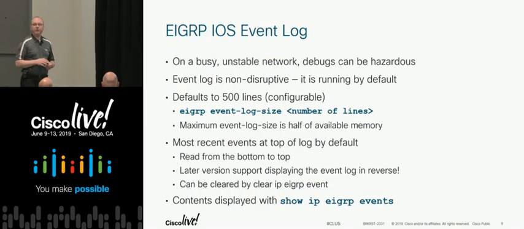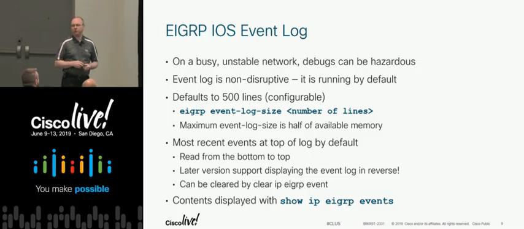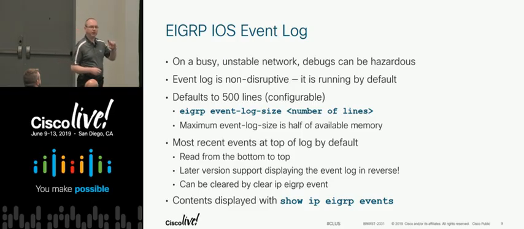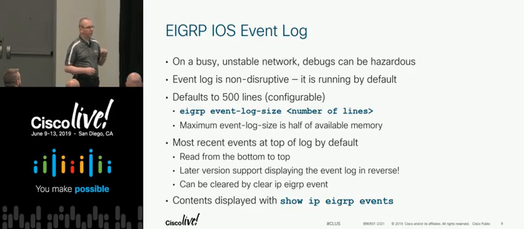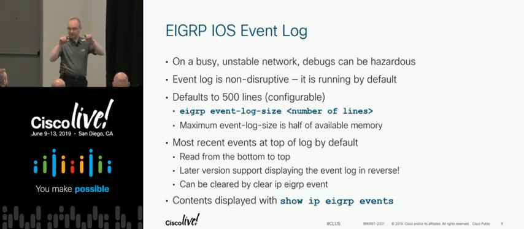With the event log I've mentioned, the event log is on by default since about IOS version 12.2. This event log stores some of the events that EIGRP has been going through. And by default, it's 500 text lines that we maintain there. It can be tuned using the command eigrp event-log-size. Of course, it can be cleared.